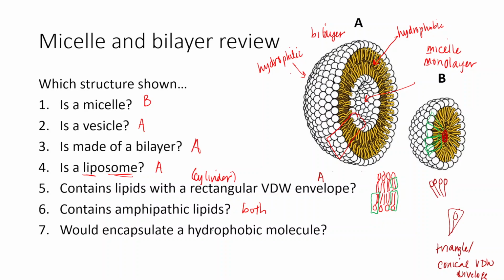All right. So that brings us to number 7. Which one of these can encapsulate a hydrophobic molecule? B, yeah. So it's the micelle. If you think about the very center of the micelle, that's hydrophobic. So other types of molecules that are hydrophobic will like to hang out there in the middle.